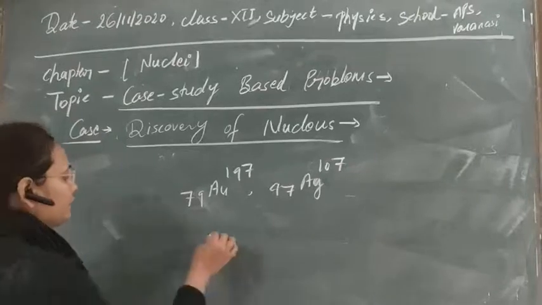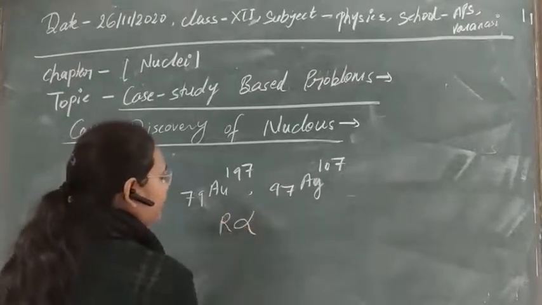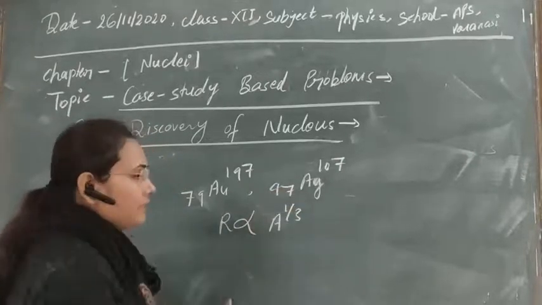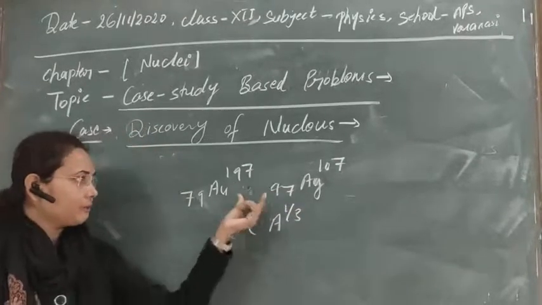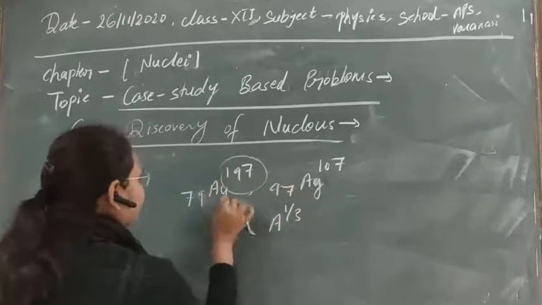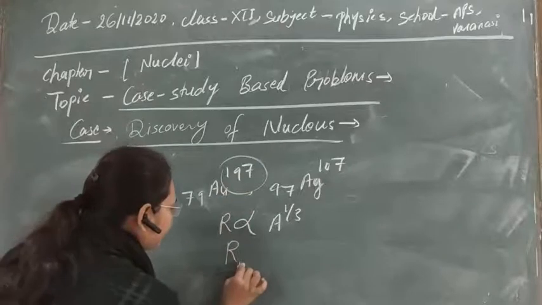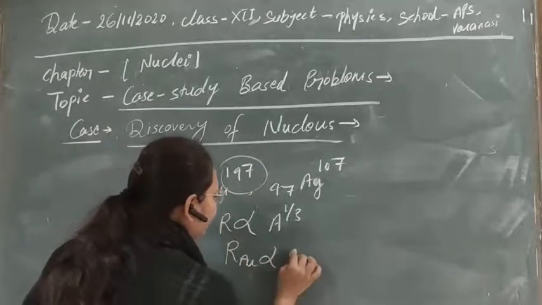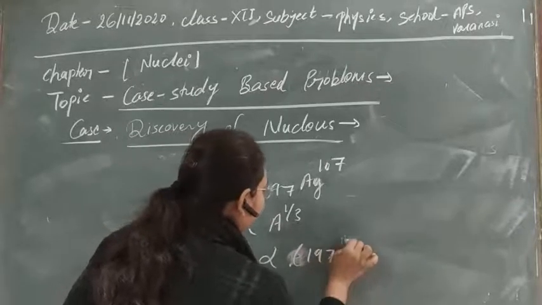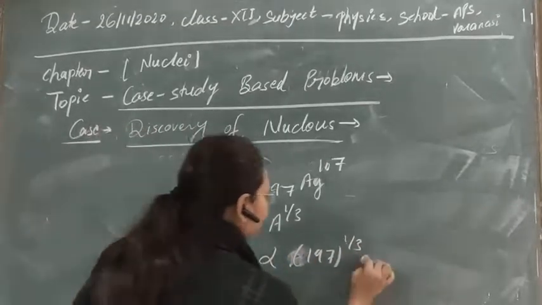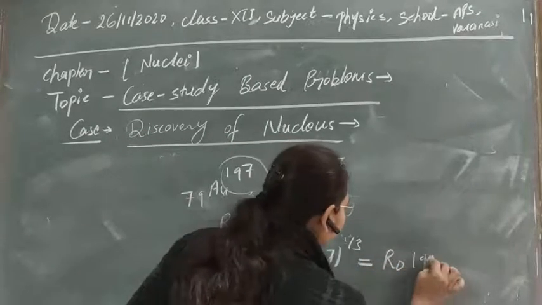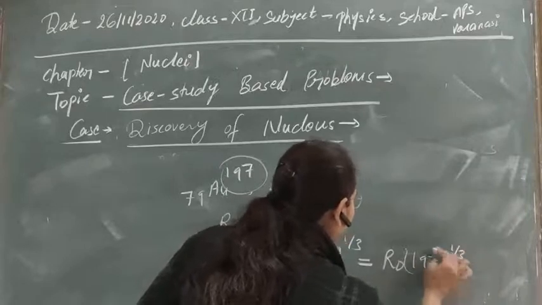As you know, the radius of any nucleus is directly proportional to A power 1 by 3. This is related by this formula of the mass number. Then for gold, you can write R Au directly proportional to, and in place of A we can write 197 power 1 by 3, or you can remove the proportionality sign, so this will be equal to r0 times 197 power 1 by 3.